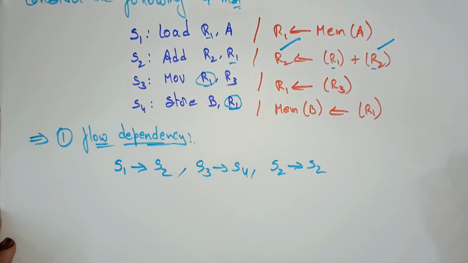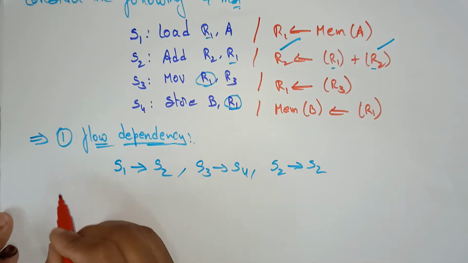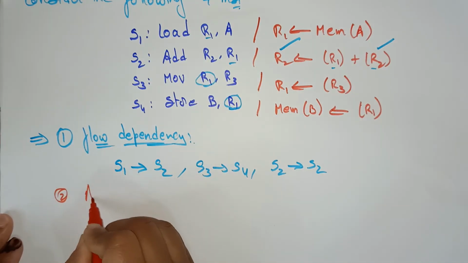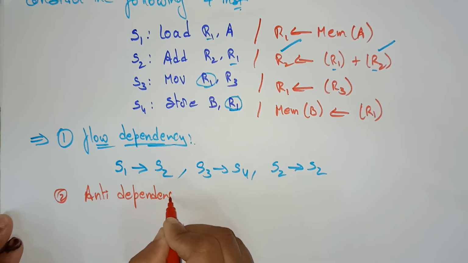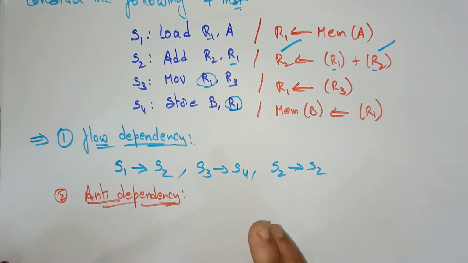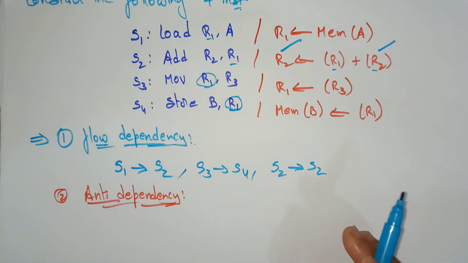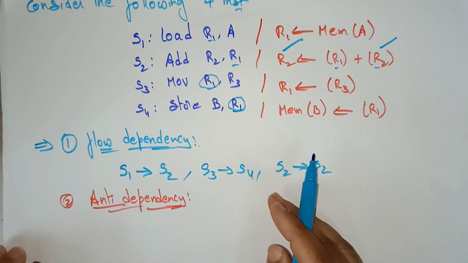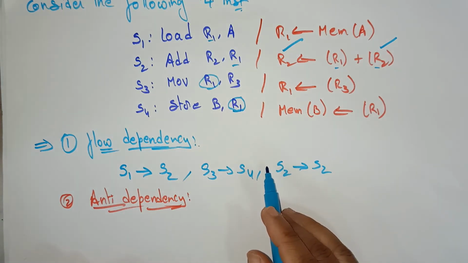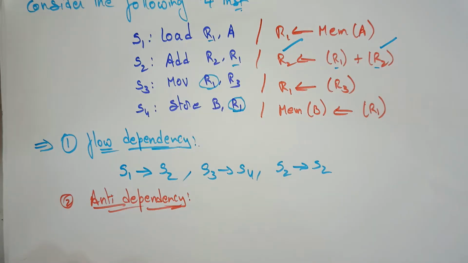Coming to the next type of dependency, what is the second one? Let's check whether anti-dependency is there in these instructions or not. If you clearly observe, from S2 to S3 there is an anti-dependency.